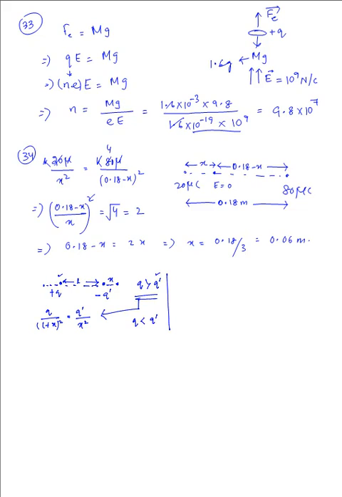Let's take it as x prime. In that case, the balancing condition will be Q over x prime squared equal to Q prime over L plus x prime squared. So that's the case over here.